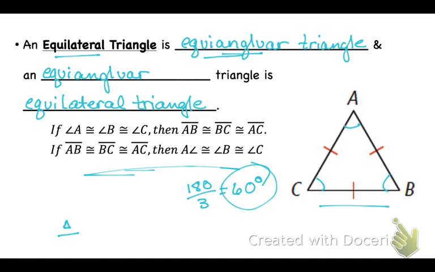Because it's 60. If you forget that, it says equi, so they all have to be equal, yes? All the angles in a triangle equal what? 180. How many angles are in a triangle? 3. So should you know to divide 180 by 3? Yes. And after you do that about 2 times, are you going to remember that it's 60 degrees? Yes. Until the next time you have to do it, and you have to do it all over.